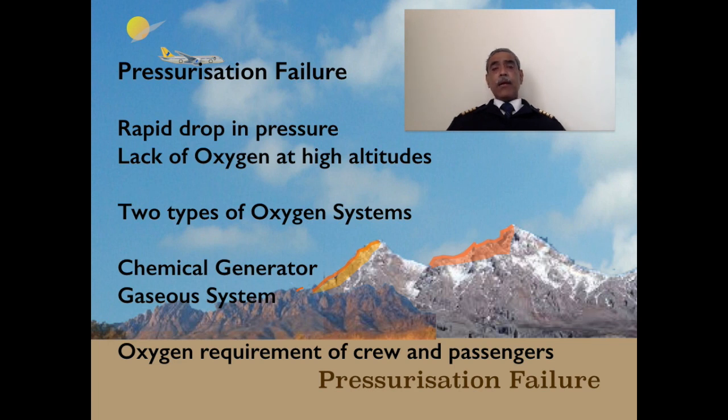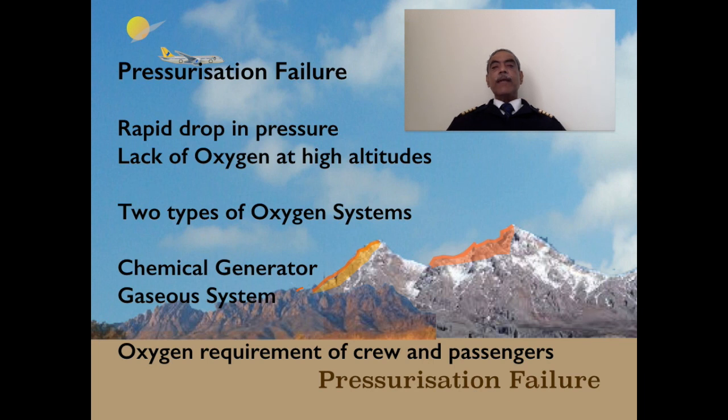Before getting on to the actual lesson, let's go over the systems. There normally are two types of oxygen systems that are fitted in the aircraft. Why are we discussing this? Because it is going to affect the calculations of timings and the altitude, the time the aircraft can descend and maintain at different altitudes.